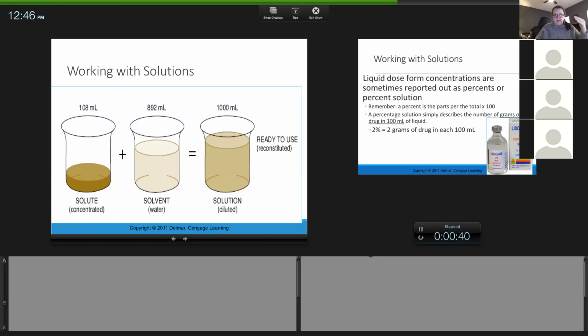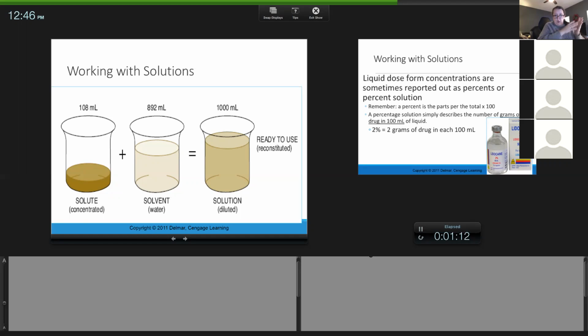If we want 1,000 mils total volume, and we have 108 mils of solute, which is the chemical, we add that to 892 mils of water, because if you added 108 mils to 1,000, you'd get 1,108 mils. You need to make the total 1,000. Say the bottle only holds 1,000. You can't add another 108 mils.